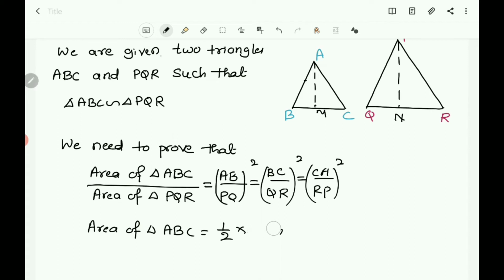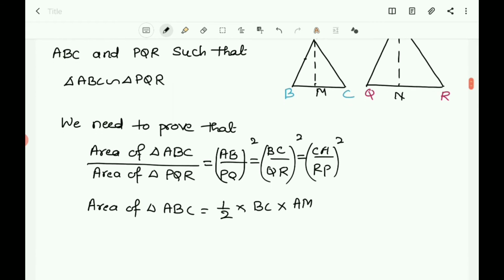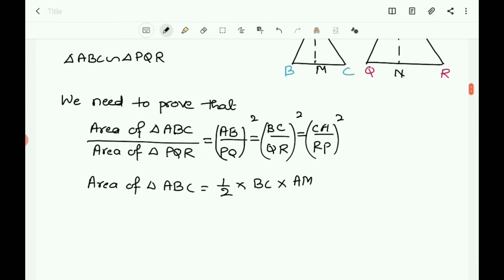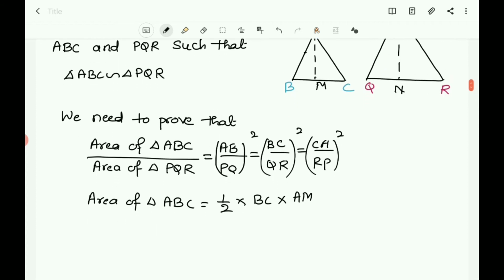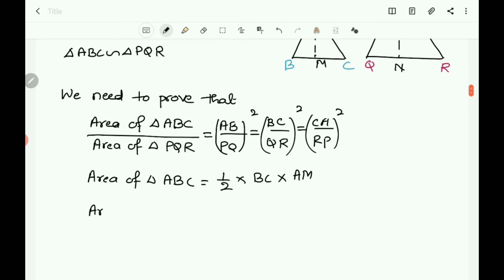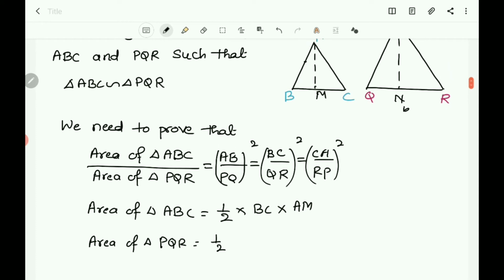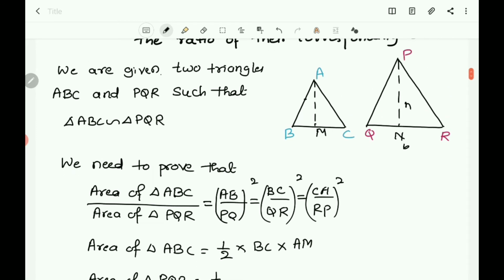For triangle ABC, we have taken the base as BC and the altitude as AM. So half into base into altitude, that is half into BC into AM. Next, for triangle PQR, area of triangle PQR is again half into B into H. Here B is QR, H is PN.